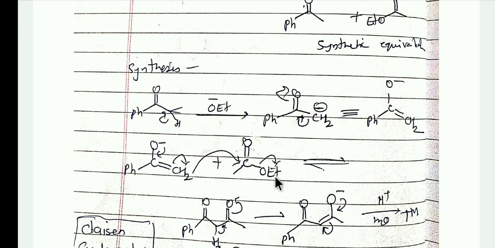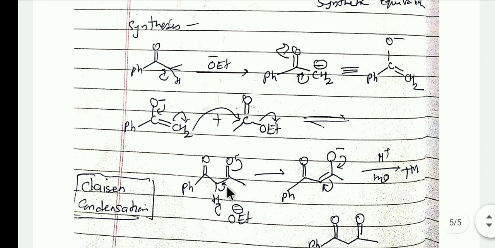This CH2 minus reacts with another molecule. In this molecule OEt is removed with its bonding electrons, so this carbon becomes positively charged. This positively charged carbon and this negatively charged carbon make a covalent bond between them, and another molecule of this type is prepared.